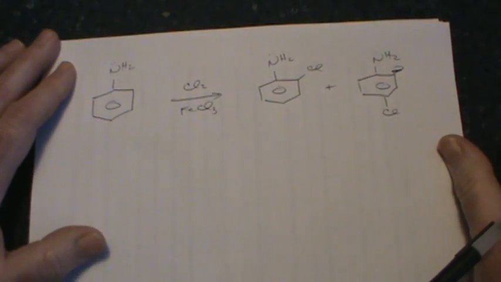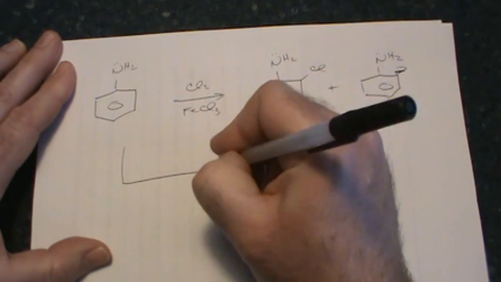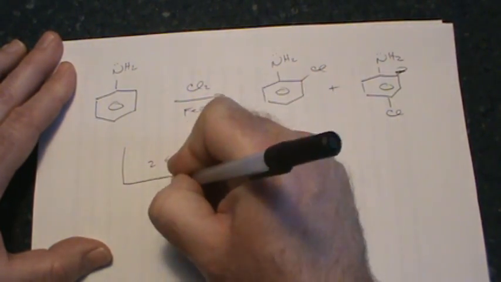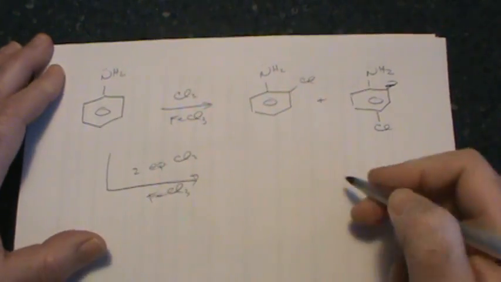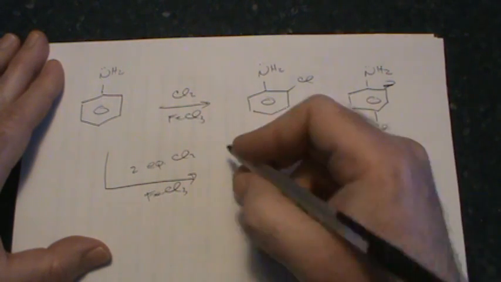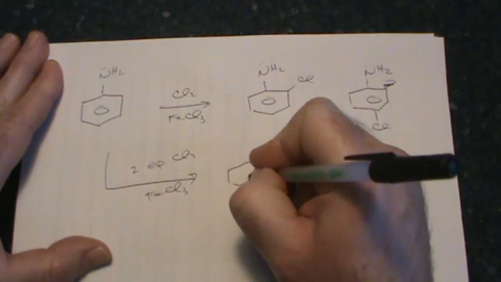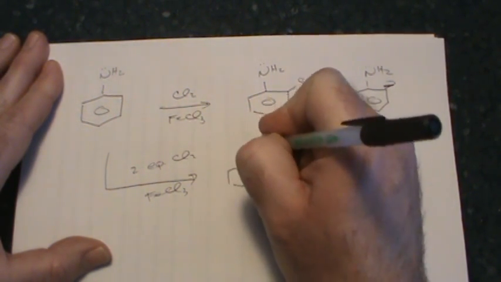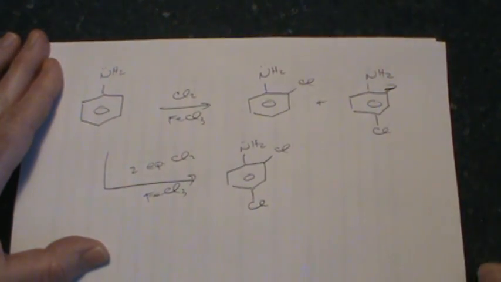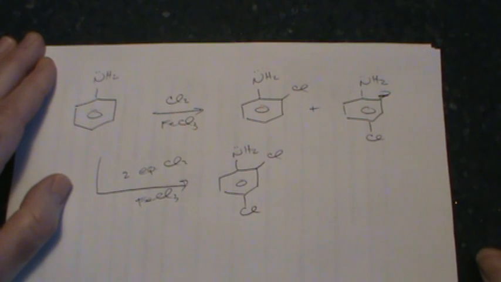But if I didn't strictly adhere, if I used an excess, let's say I used 2 equivalents of chlorine, it would be hard for me to stop there. This is such a powerfully activating group that the reaction would just keep going. And the most likely product would be the case where I have 1 ortho and 1 para chlorine formed.